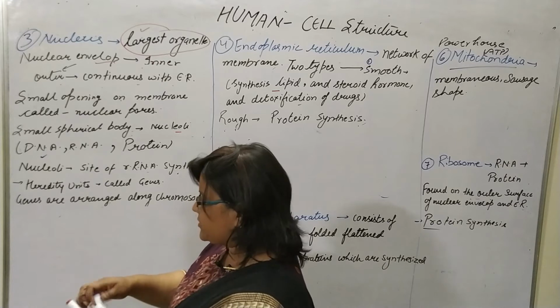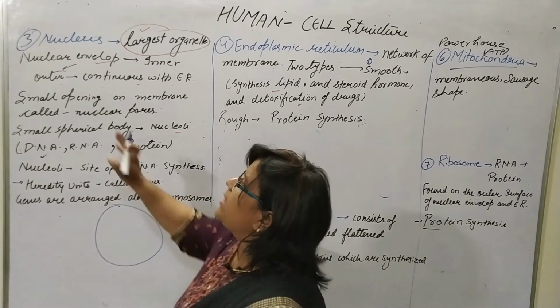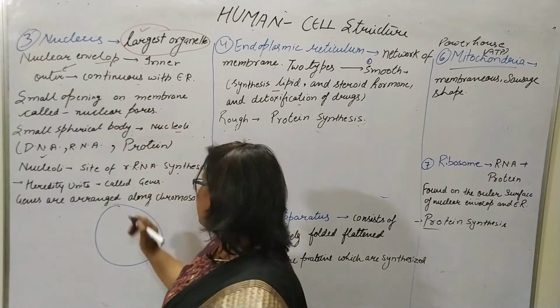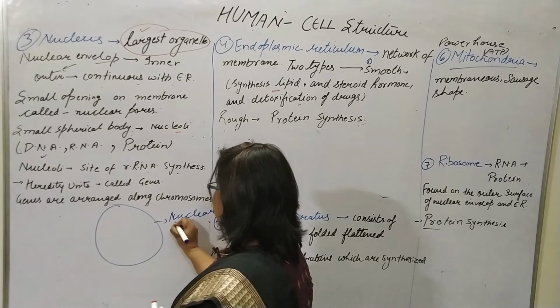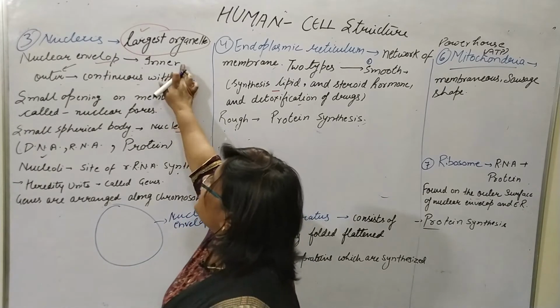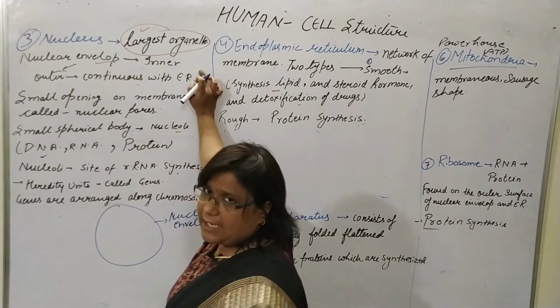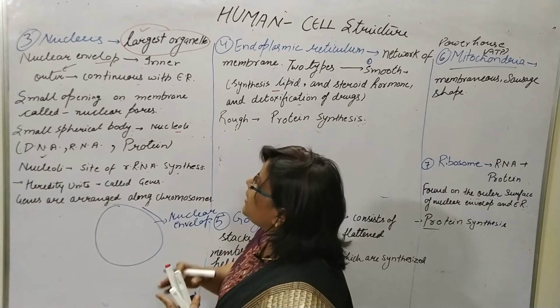Simultaneously, I will draw the structures so you can easily identify them. The nuclear envelope is bilayered, meaning it has an outer layer and an inner layer.